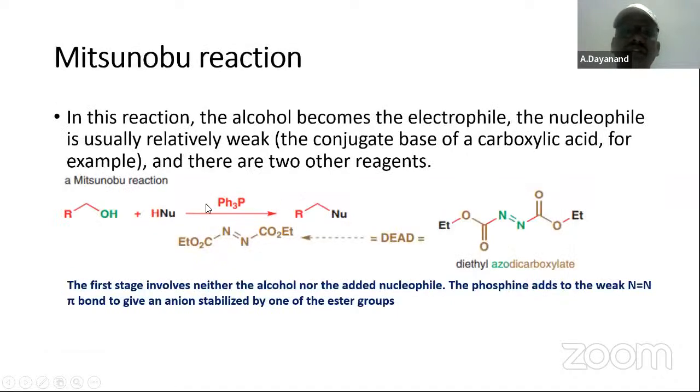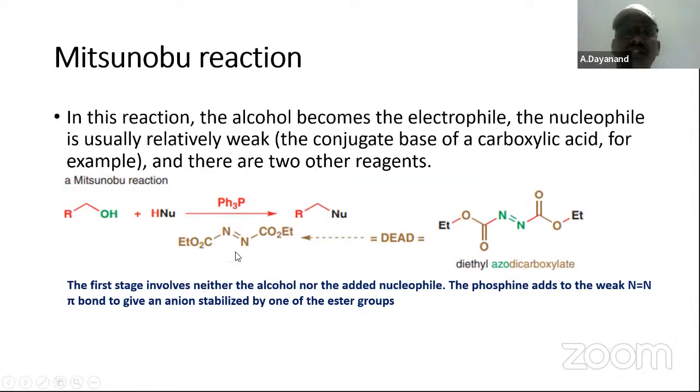Okay, and instead of the leaving groups, we can use diazo compounds. It is a named reaction. This name is not important for you. Therefore, we can convert them again using this base. The alcohol becomes an electrophile. The nucleophile is usually relatively weak.